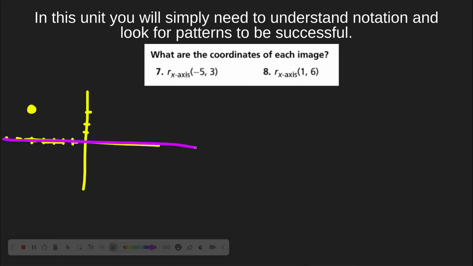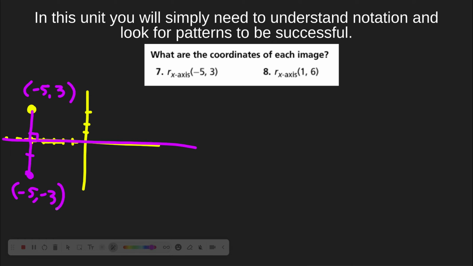And so now we want to draw a right angle and go just as far down. See, it's a lot easier to reflect when things are vertical and horizontal. Okay, and if this was the point -5, 3, what is this point? Yes. -5, -3. Okay, and so that's the answer to number 7.